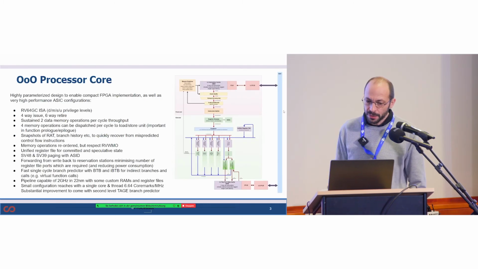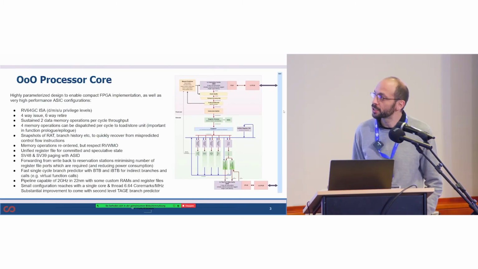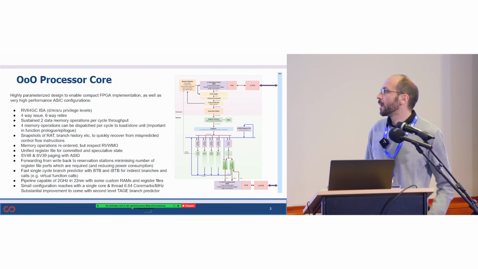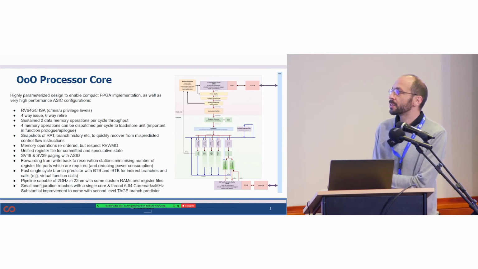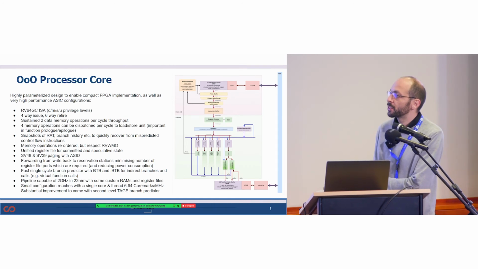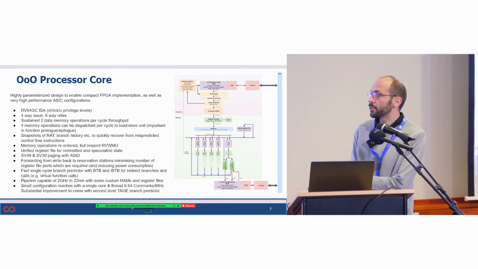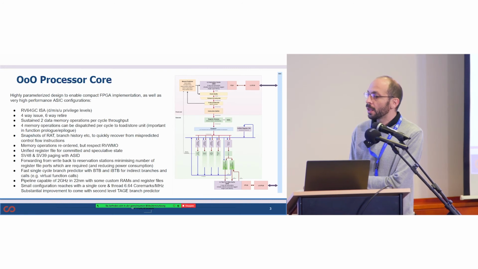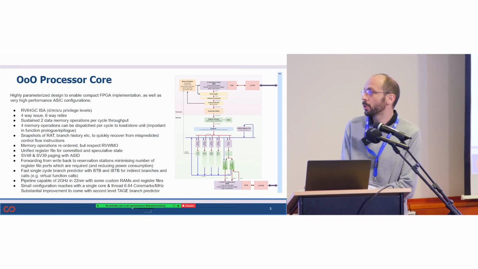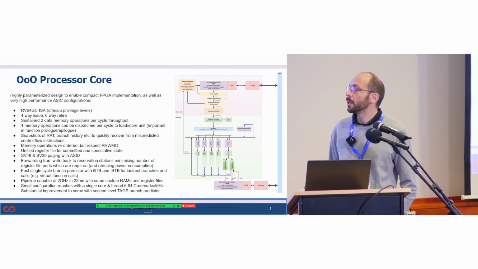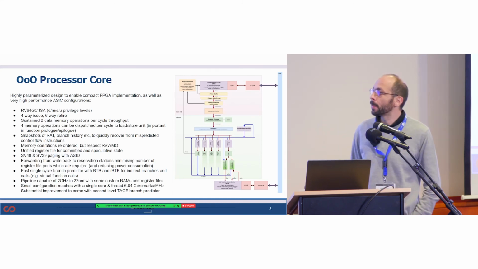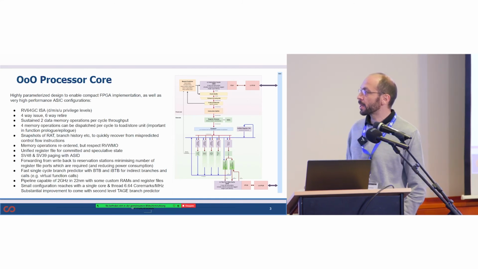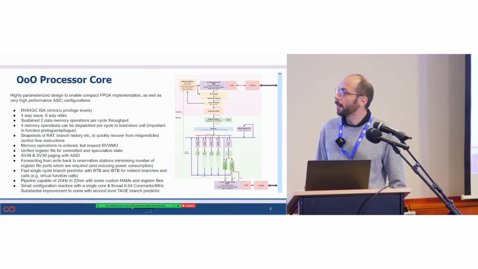So yeah, the out-of-order processor core, that's a RISC-V out of order, the GC ISA with various privilege levels. It's a 4-way issue, 6-way retire core. It can sustain 2 data memory operations per cycle throughput, and 4 memory operations can be dispatched per cycle to the load store unit.